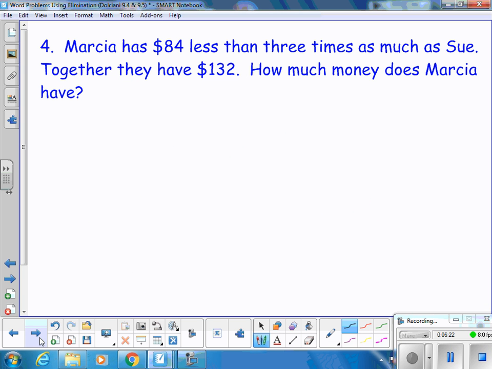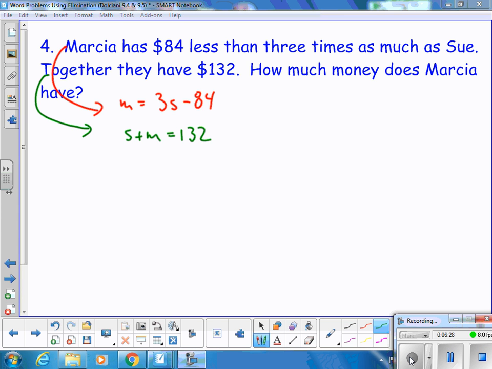All right, press pause, build your equations, and see how you did. Here are my two equations for Marcy. Once you solve this system, see what we come up with. Now remember, the question is how much money does Marcy have, so make sure you're answering that question.